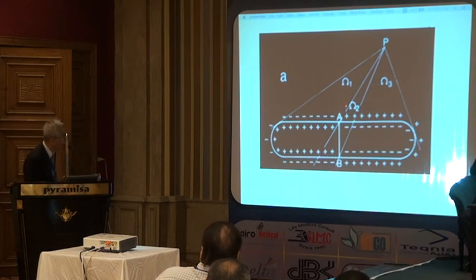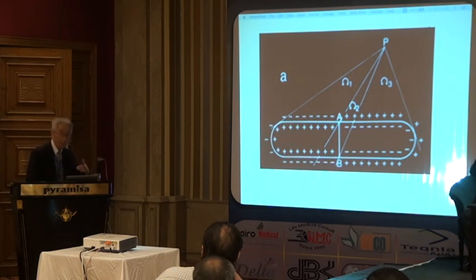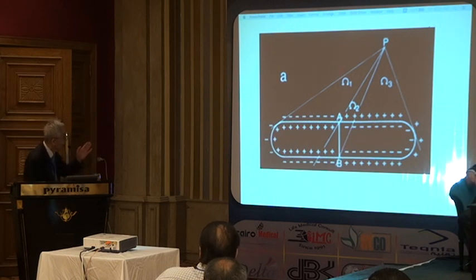In fact, you can count 1, 2, 3, 4 positivity facing you, and 1, 2, 3, 4 negativity away from you. Right? And you can see that this omega 2 solid angle shares the transverse section of this action potential, of this axon.